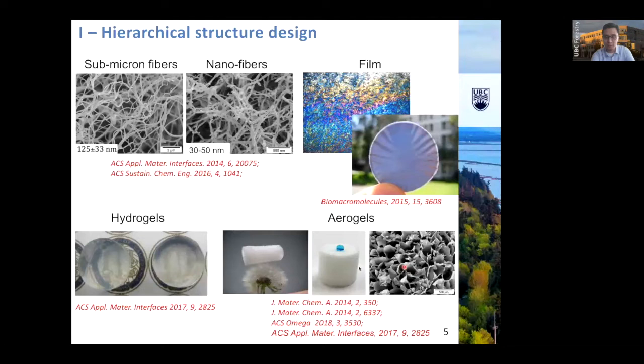We are making, for example, micron fibers, nanofibers, as well as films, for example the pneumatic film or sensor film, as well as some antibacterial films, and also three-dimensional structures, hydrogel and aerogel.